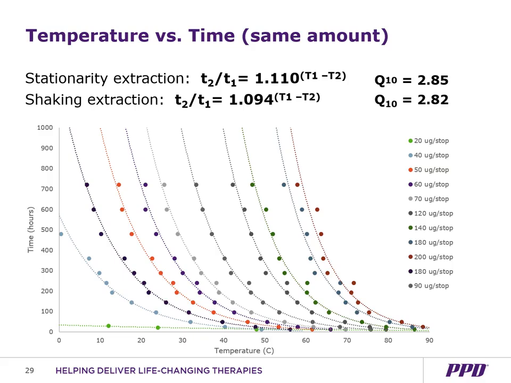Then we back calculated to have a Q10 value of 2.85 for stationary and 2.82 for shaken. So again, there really was no effect seen here either by shaking. The two data sets are well within the experimental variation and aids in supporting that shaking does not impact the extraction of BHT.